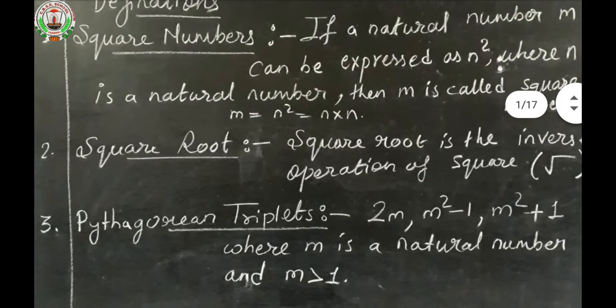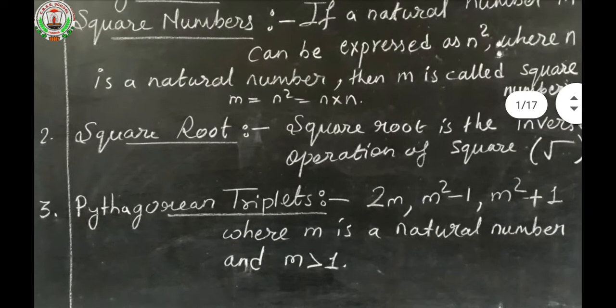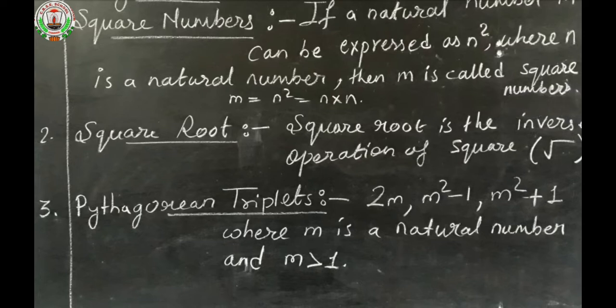So the third definition is Pythagorean triplets. Pythagorean triplets is the family of 3 members, that is 2m, m square minus 1, m square plus 1, where m is a natural number and the value of m is greater than 1. Not less than 1, not equal to 0.